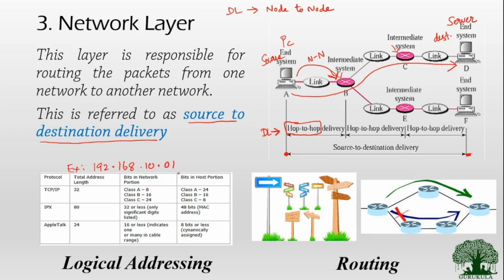You might have seen IP addresses, Internet Protocol addresses, and this is what we call logical addressing. The second functionality of the network layer is routing. Routing is nothing but routing the packets in the right direction to reach the correct destination. The protocols and algorithms responsible for routing will be taken care of by the network layer.